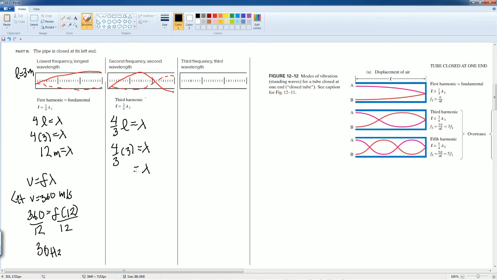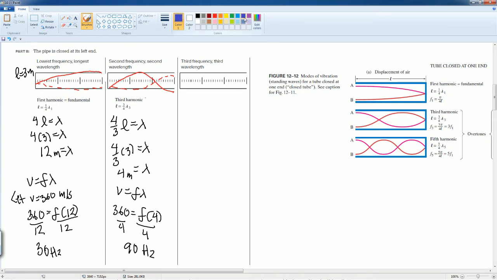So lambda is equal to 4 meters here. Want to know what the frequency is? 360 for the velocity. Frequency times lambda, where lambda was 4. Divide 4 to both sides. You get 90 hertz.